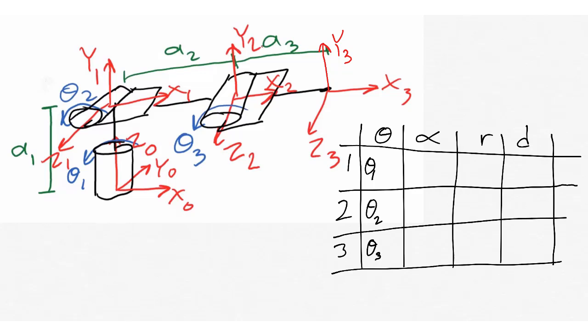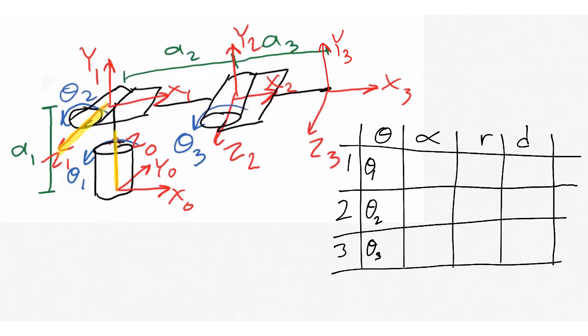Alpha is defined as the rotation around xn that is required to get axis Zn minus 1 to match Zn. So the first thing that we do to find alpha is we want to identify the directions of the two z-axes. Z0 is pointing up and Z1 is pointing out of the page.